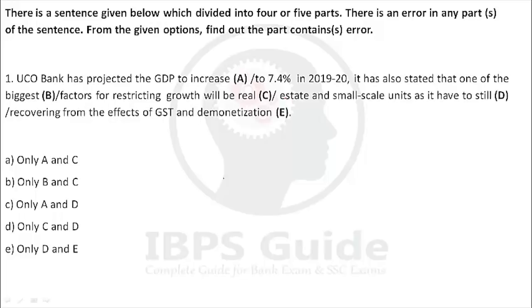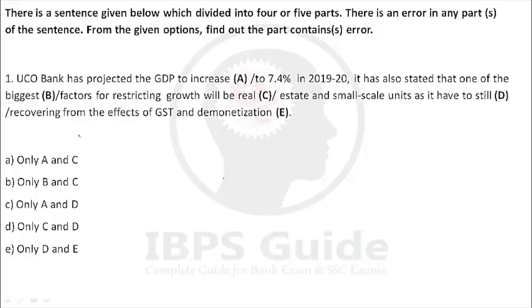At first, read the sentence thoroughly. UCO Bank has projected the GDP to increase to 7.4% in 2019-20. It has also stated that one of the biggest factors for restricting growth will be real estate and small scale units, as it have to still recovering from the effects of GST and demonetization.